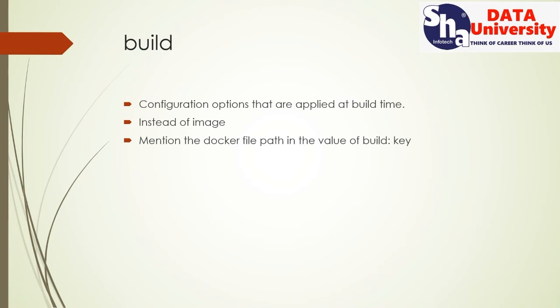The build key is for configuration options that are applied at build time. It is put instead of image. In the value we need to give the path to the Dockerfile. So the build key's value will be the Dockerfile's path.